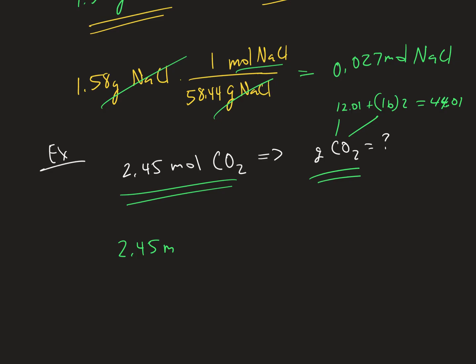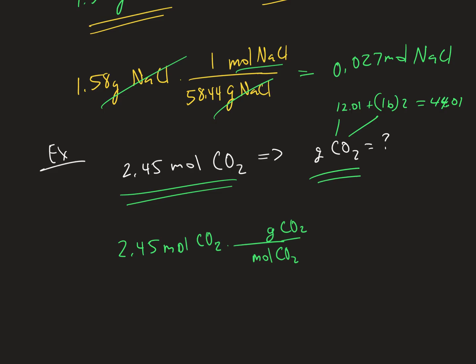All right, so we have 2.45 moles of CO2, and I don't want moles of CO2, so that goes on bottom. And I want grams of CO2, so that goes on top.